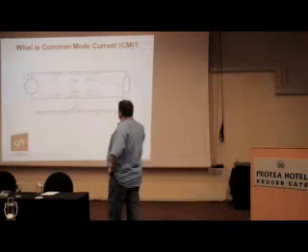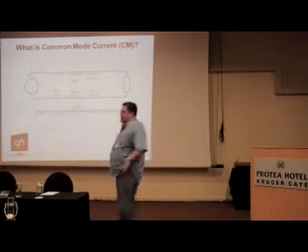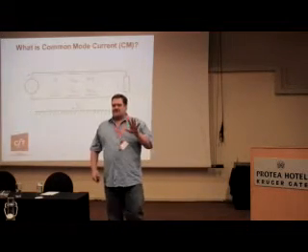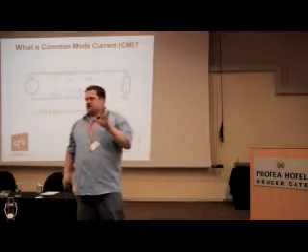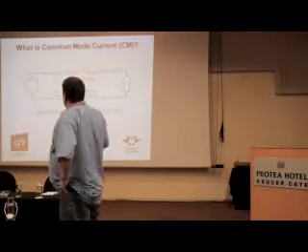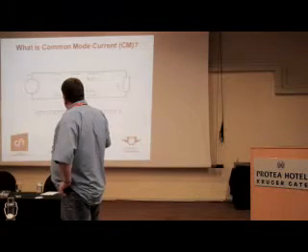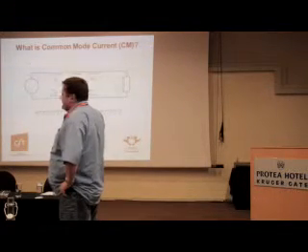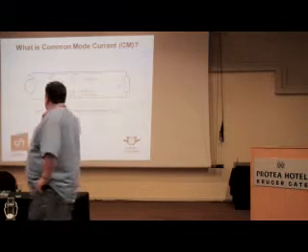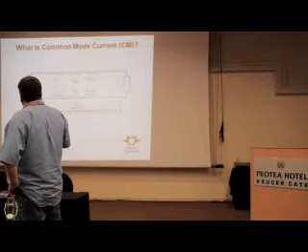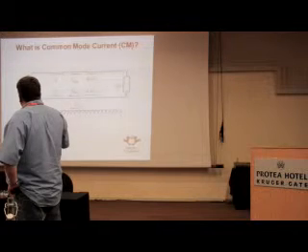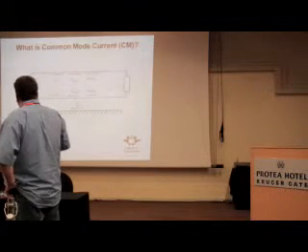So you'll see there's differential mode current flowing, which is the normal type of current that we all know. That's what's on a circuit diagram. And then there is common mode current, which flows from the load through the ground back to the load again. And IS and IR are just the incoming signal and the returning currents.